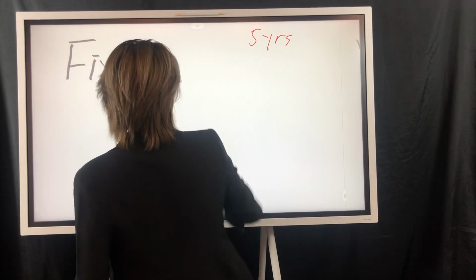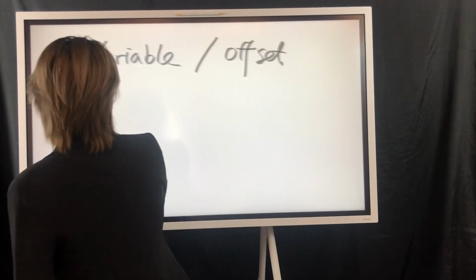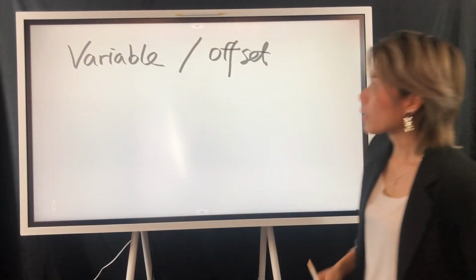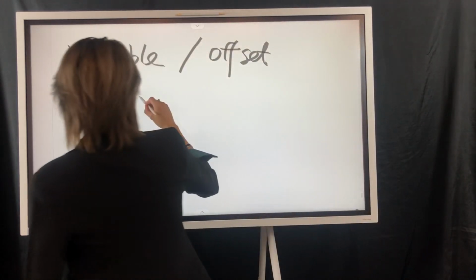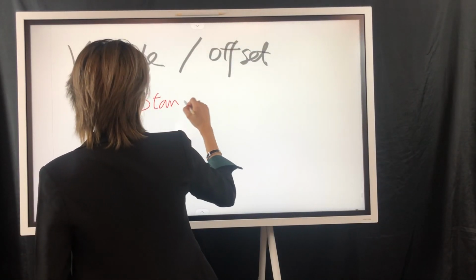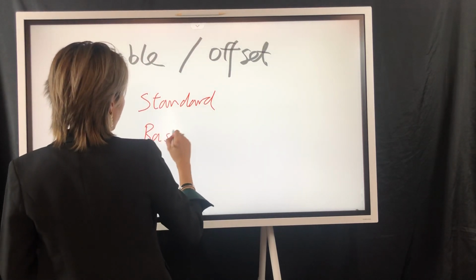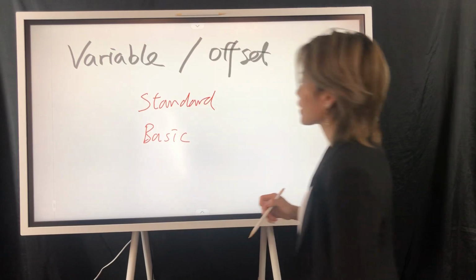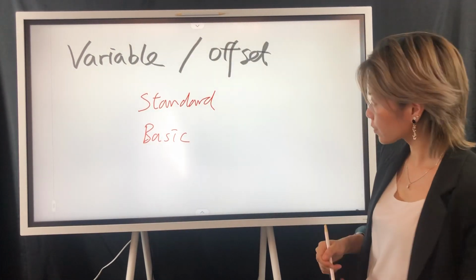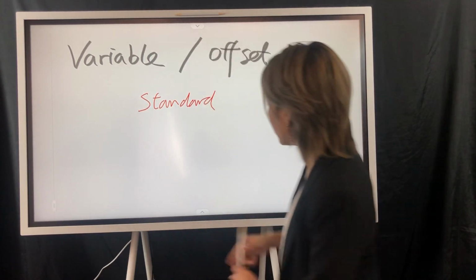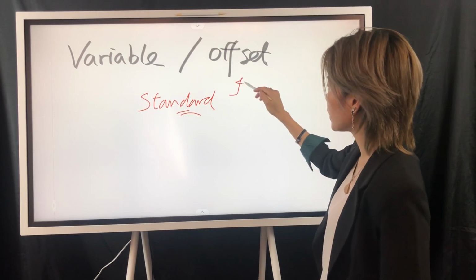All right, so now we get to variable loans. Actually, with variable, there are 2 different types of variable loan. The first one is the one that we always hear of, with an offset account. It's called standard variable. And then the other type of variable is called basic variable. So we'll explain that later. Let's start with standard variable with offset account.